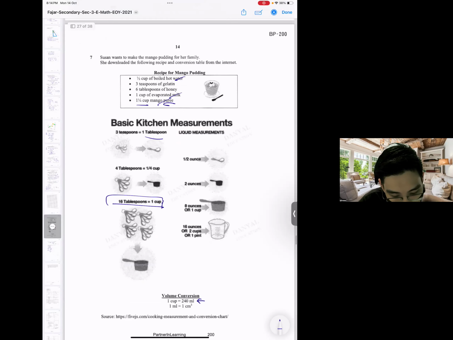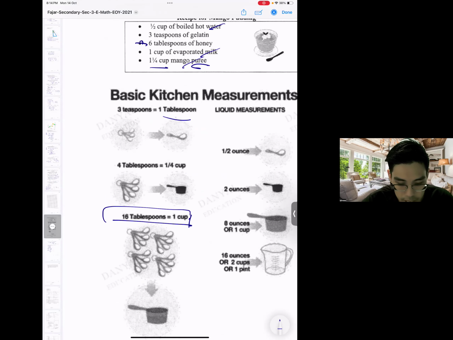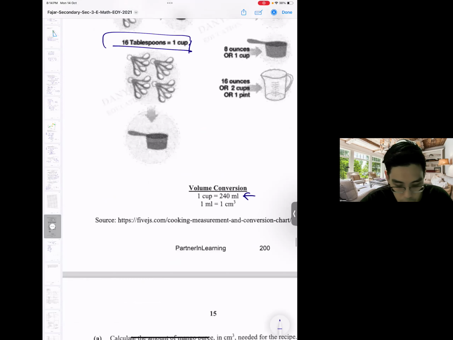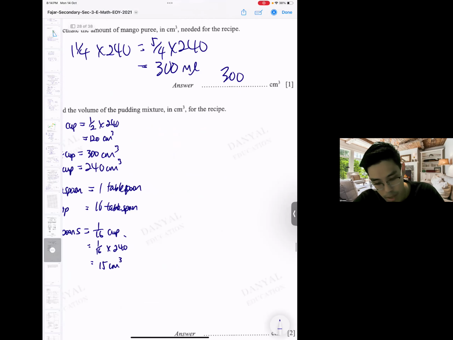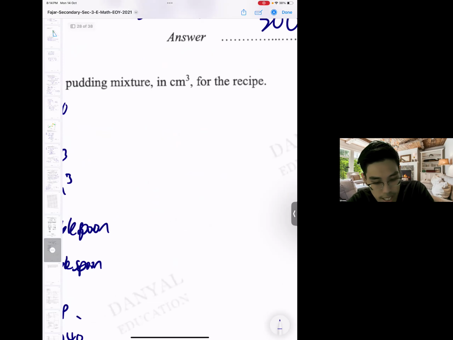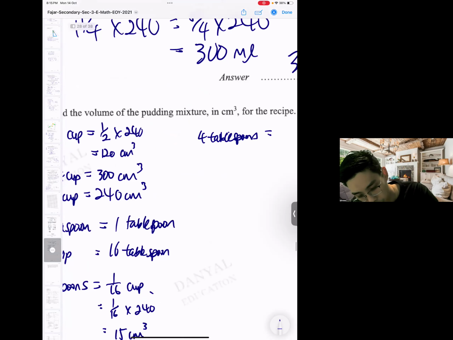Then we got 6 tablespoons of honey. Let's continue. 4 tablespoons is 1/4 cup.